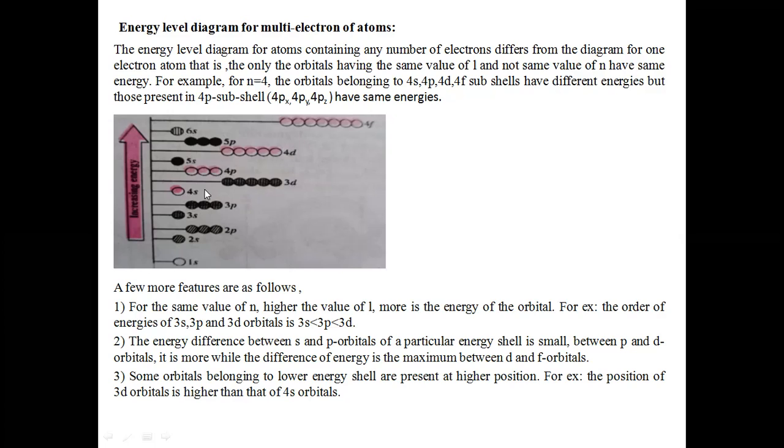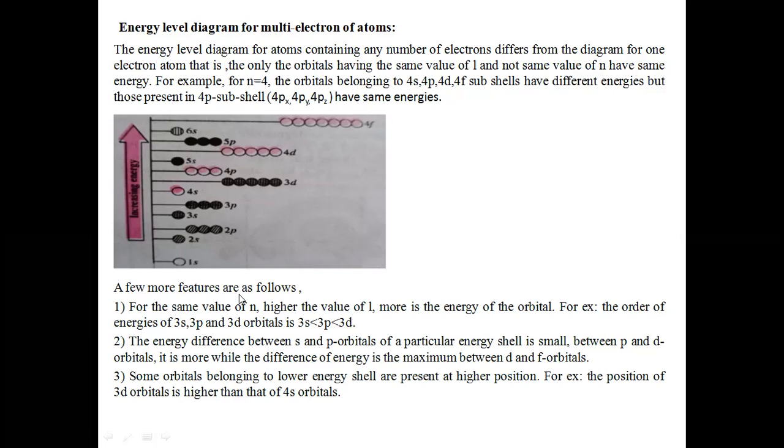Similarly, 4s, 4p, 4d, and 4f subshells have different energies, but the three orbitals in 4p have the same energy, the five orbitals in 4d have the same energy, and the seven orbitals in 4f have the same energy.